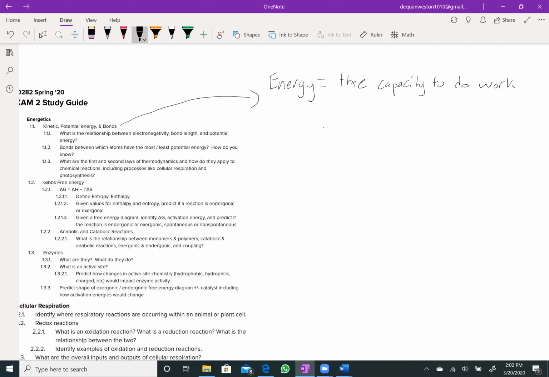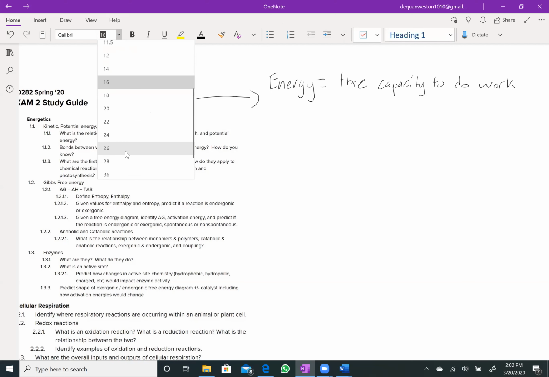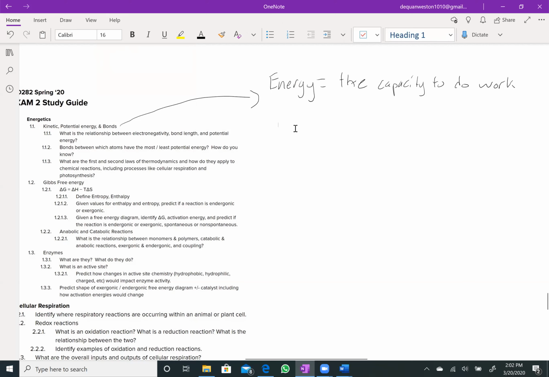Okay, so there's two types of energy. One second, I'm going to change my font size. Cool, there's kinetic energy.